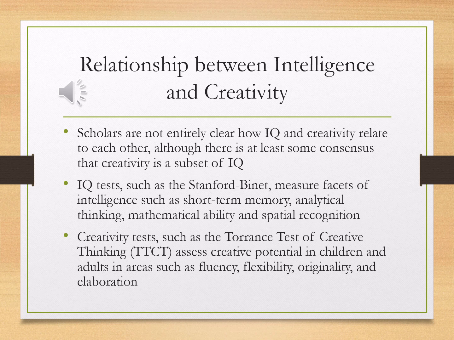When we think about those elements of creativity, the Torrance test of creative thinking is really trying to get at how fluent are your thoughts, how flexible are your thoughts, how original are they, are you able to engage in elaboration. So I'm going to show you on the next slide some examples of questions that are used on traditional IQ tests versus the Torrance test of creative thinking.